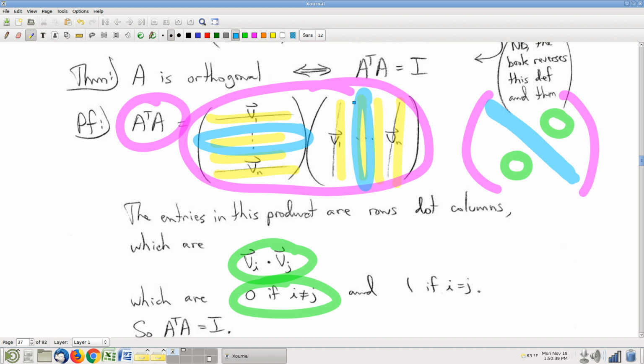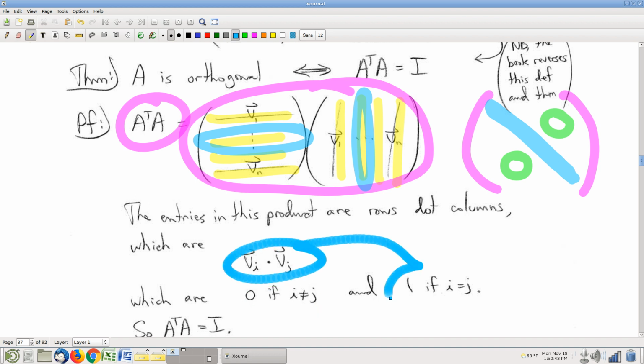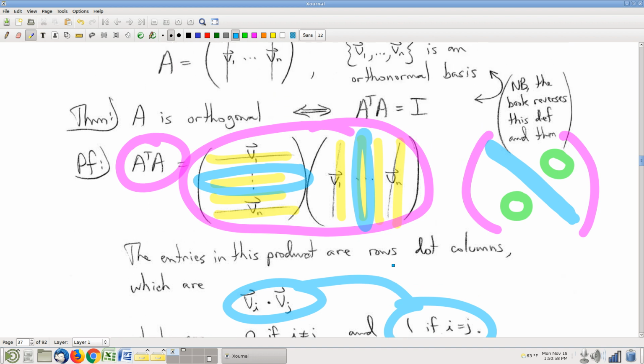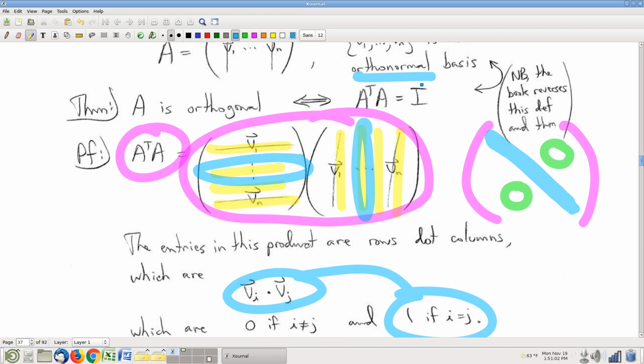So that turns into not vi dot vj, but vi dot vi. Same vector dot itself. So we get magnitude squared of that vector. And keep in mind, this is an orthonormal basis. Magnitudes are all 1. And so we get 1.